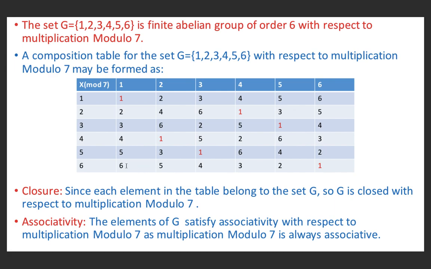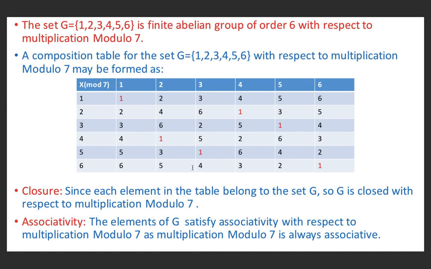To write the elements of the sixth row, we multiply the elements of the top border row by 6 and then divide the resulting number by 7 and write down the remainders. 6 into 1 is 6. 6 2s are 12. When we divide it by 7, the remainder is 5. 6 3s are 18.